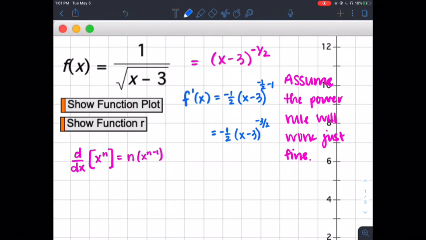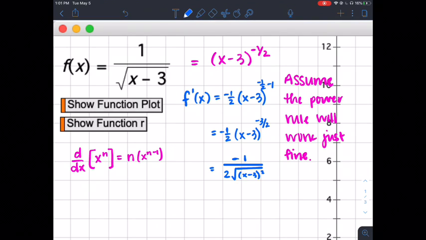And I can rewrite this back into the square root and exponential format if I want to, which since I'm going to end up setting this equal to -1 and solving, I actually am going to do that. It's going to make my life just slightly easier. This is going to be -1 divided by 2 times the square root of x minus 3 squared. Isn't that so pretty?